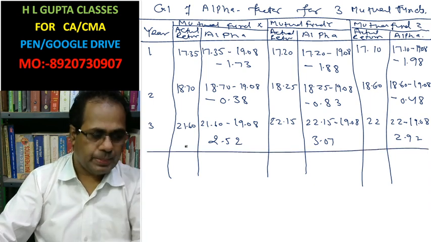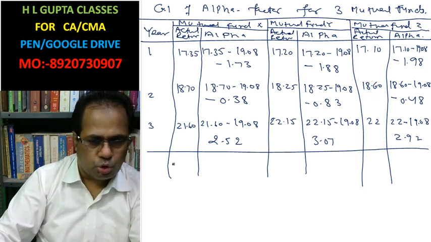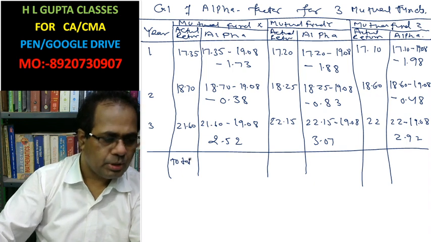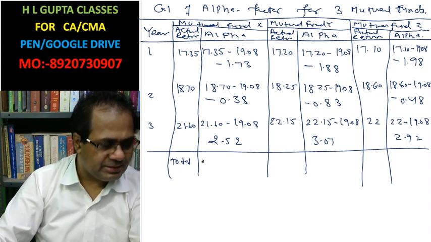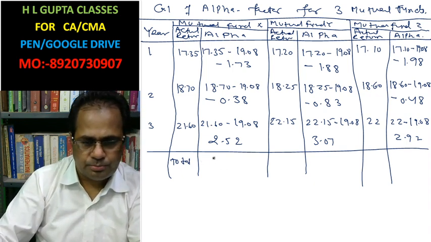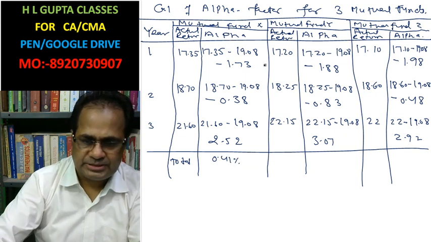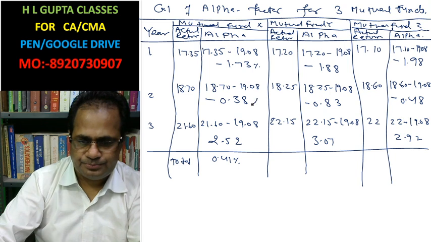Now total alpha is 0.41, 0.36, 0.46, in percentage.